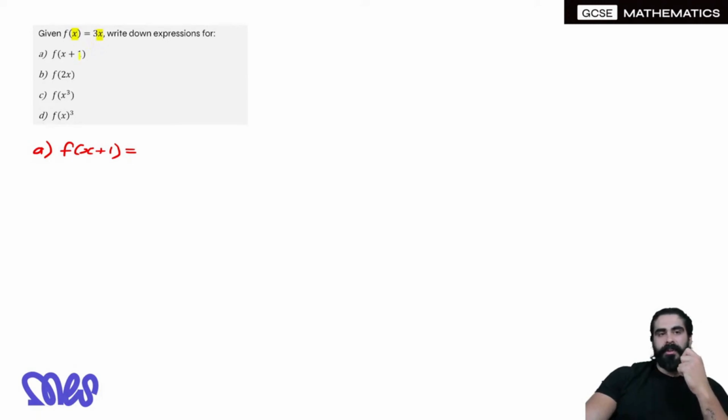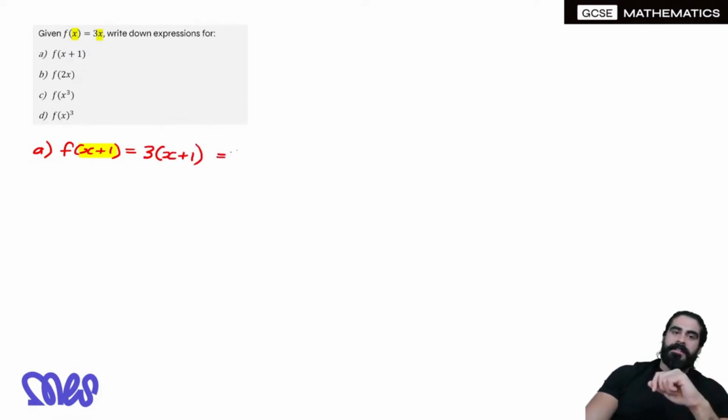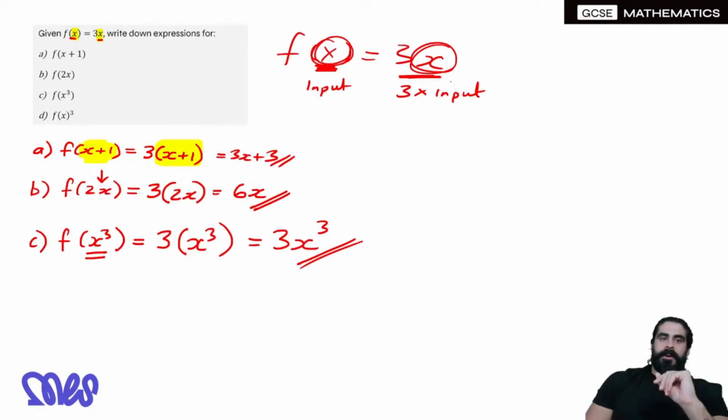So we are now changing the input to x plus 1. So the function multiplies the input by 3. So we're doing 3 lots of x plus 1, which you can expand to give you 3x plus 3. Okay, this is an interesting question.